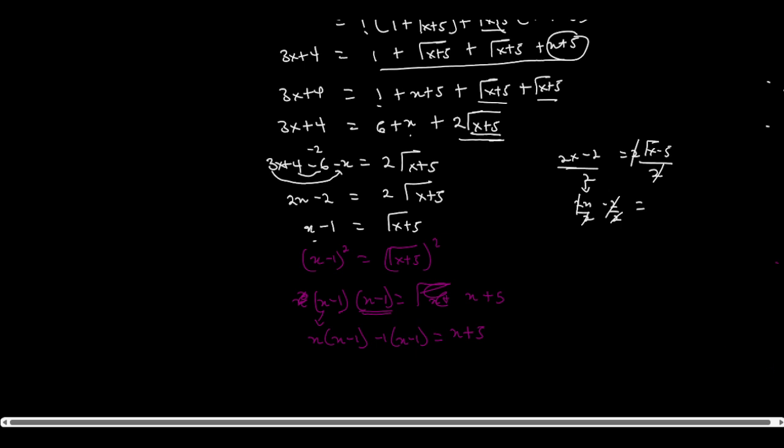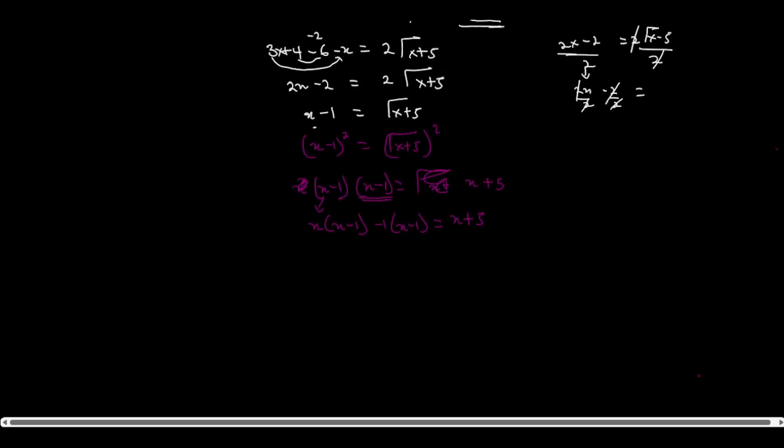I hope you are really enjoying. Yes. If you don't understand any of the video, go back and get it. So now this time this, we have x squared. This time this, we have minus x. Negative 1 times x, we have minus x. Negative 1 times negative 1, we have plus 1 equal to x plus 5.